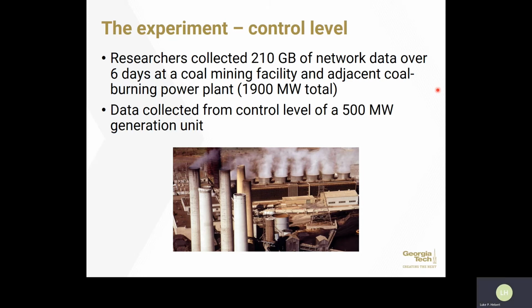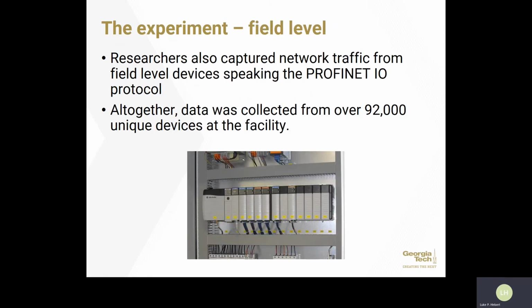The traffic captured related to the generation unit was network traffic at the control level. So you can think here, operator control or supervisory control traffic. And this is to be contrasted with the field level traffic that they collected as well. So for good measure, they also captured traffic at the field level and the generation facility.